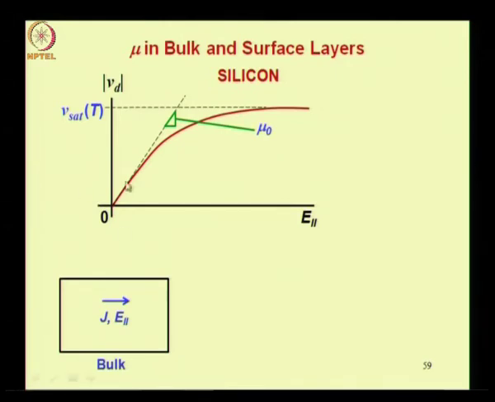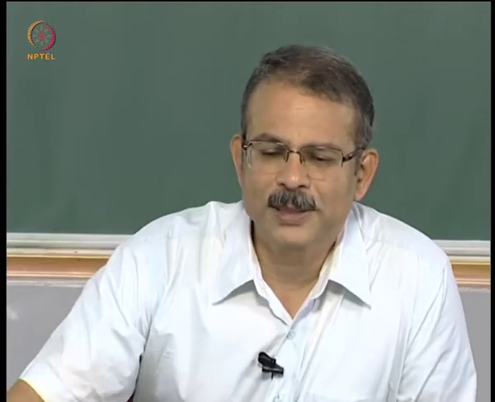Also note that we have considered a semiconductor such as silicon, for which this shape of the velocity field curve applies. For gallium arsenide, we have pointed out that there is an overshoot of the velocity in the velocity field characteristics. So it would be something like this.